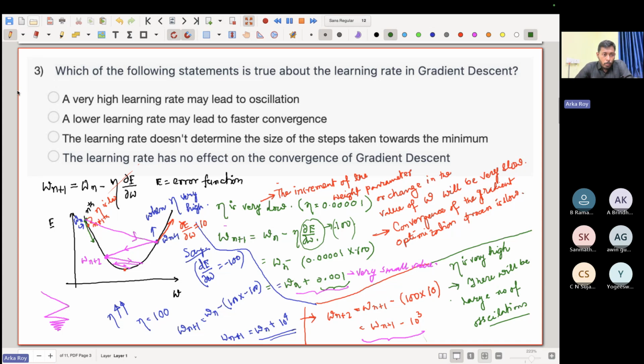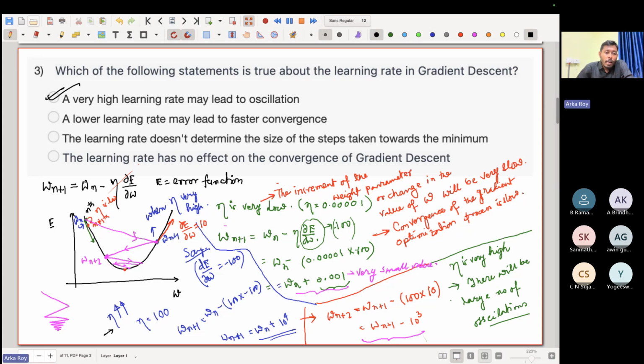So now let us see what are the options that they have given, and we'll try to discuss all of them. So a very high learning rate may lead to oscillations. That we have seen, that a very large value of eta will basically give you a very large amount of oscillations like this. So this one is correct.